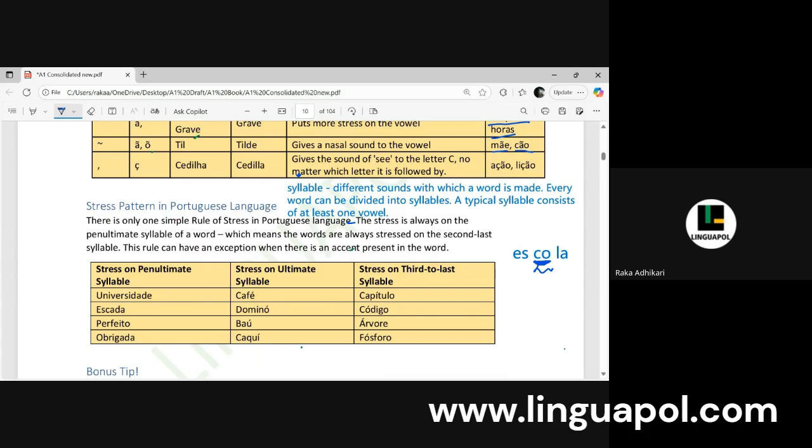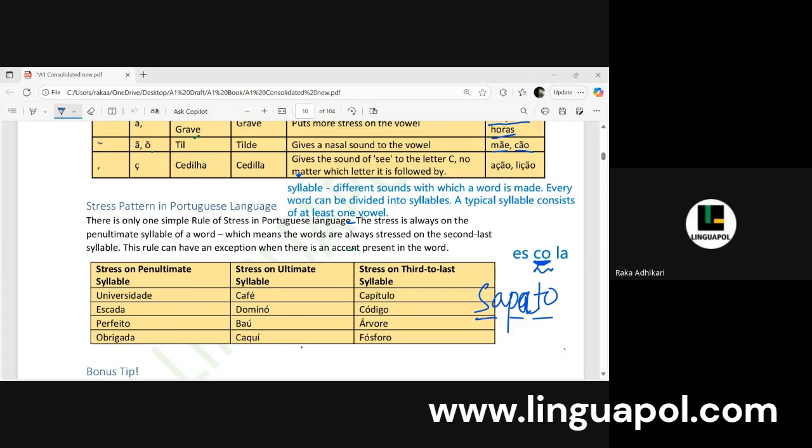Similarly, let's take the word sapato. Can you tell me how many sounds we can break this into? Three: sa, pa, to.